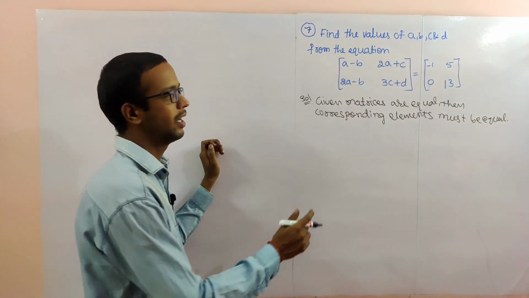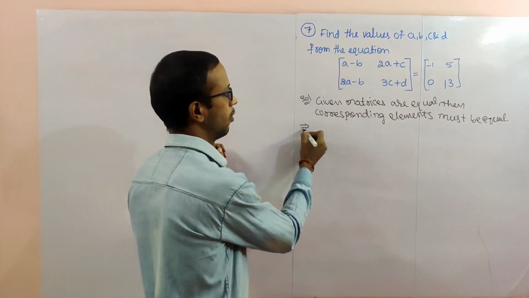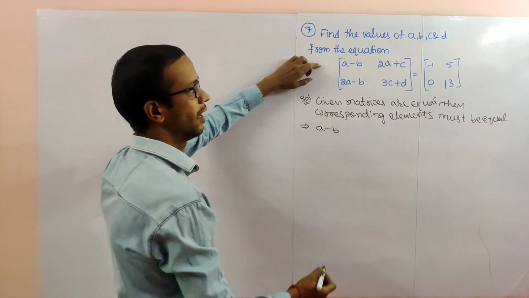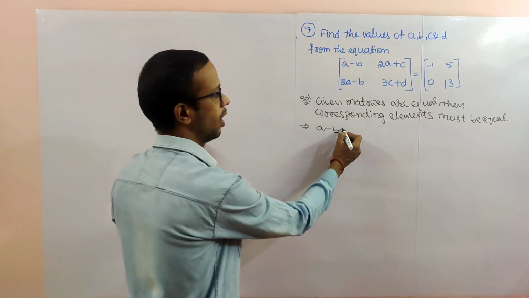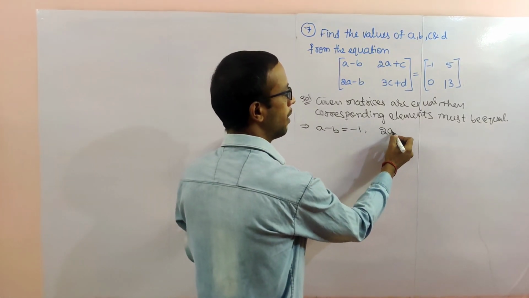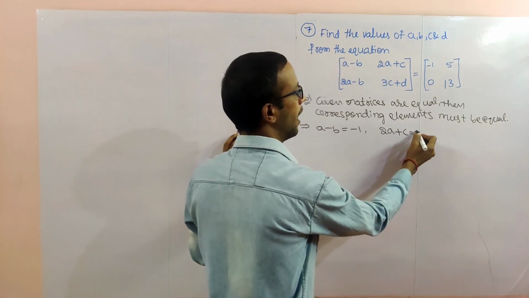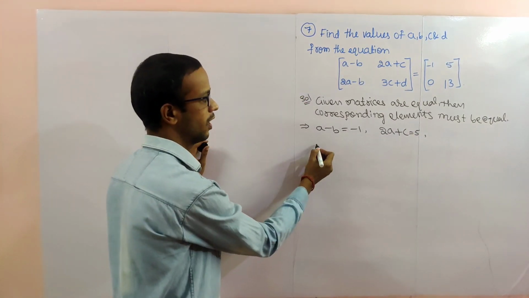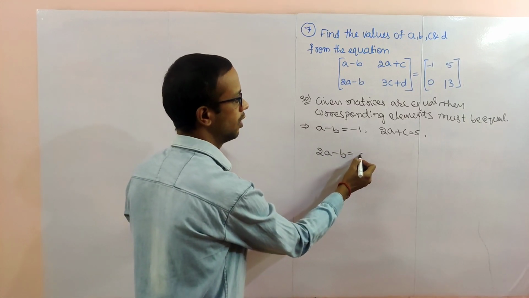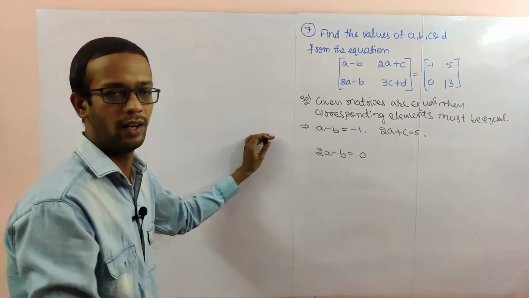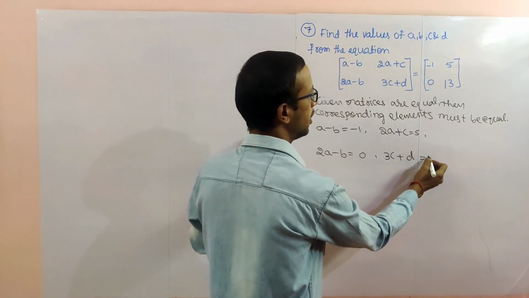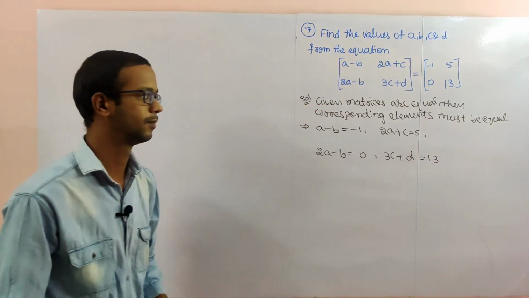So directly I am writing, corresponding elements are equal implies a minus b is equal to how much will we write? First element: minus 1. Next, 2a plus c is equal to 5. Next one, 2a minus b is equal to 0. Next one, 3c plus d is equal to 13.